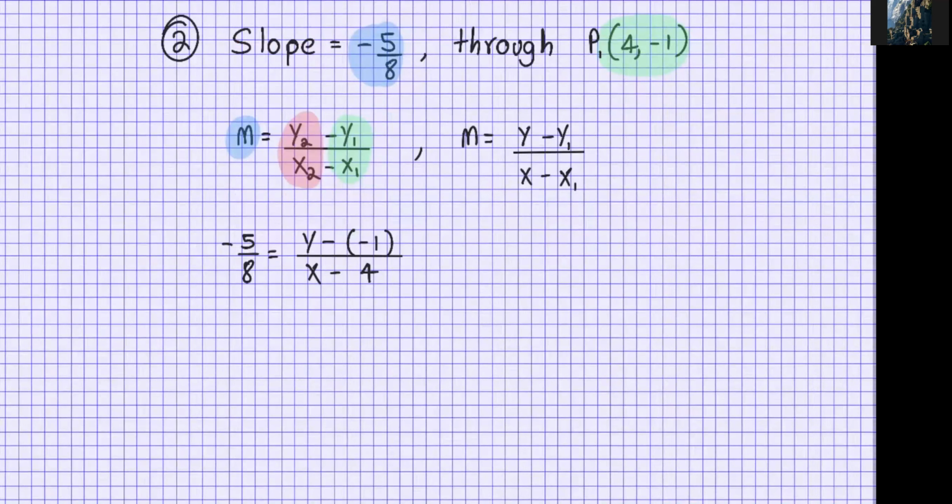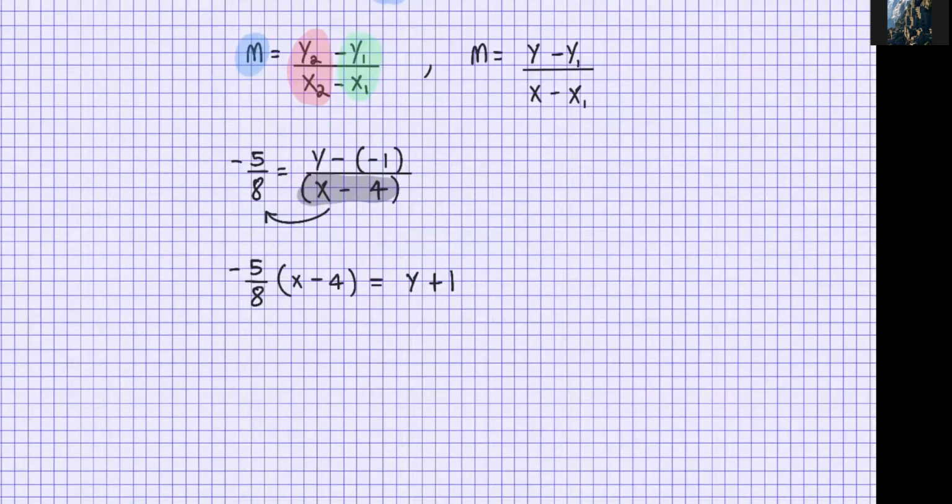So from here, we're going to isolate the x minus 4 onto the other side. If you see, the x minus 4 is a whole term. So what we're going to have is -5/8 that multiplies x minus 4, and this will be equal to y plus 1.